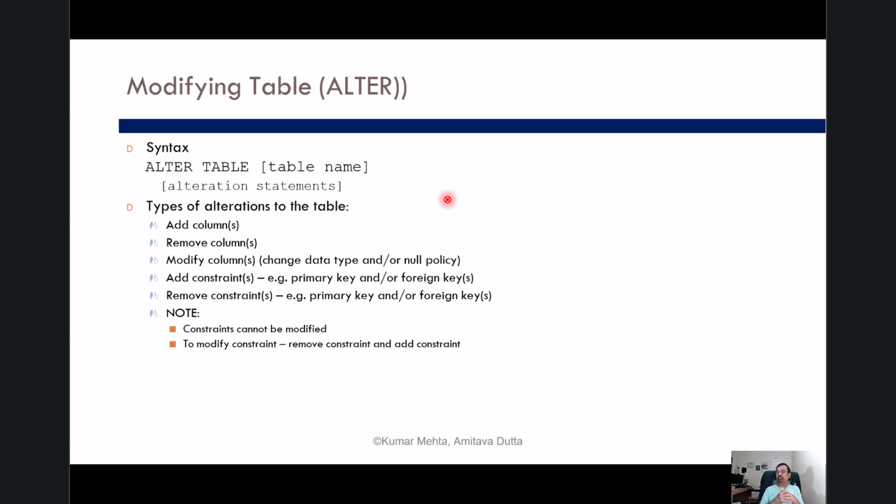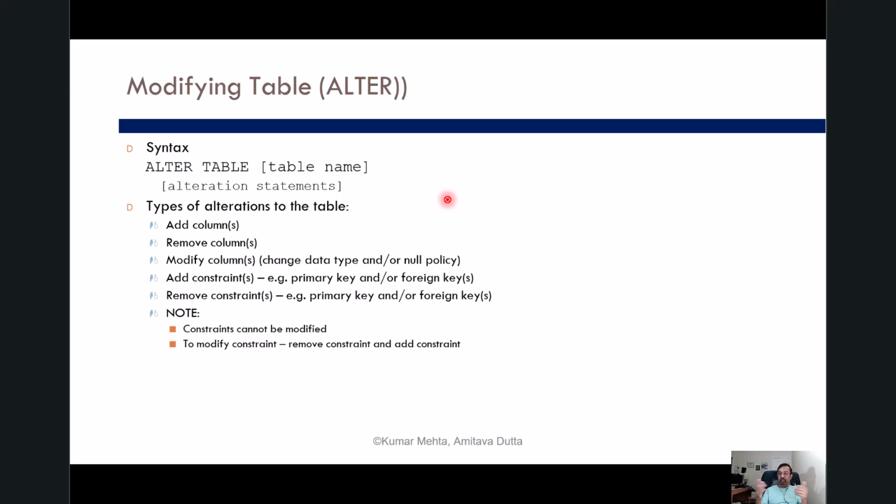Another alteration that had to be made not too long ago is when we went from 5-digit zip codes to 9-digit zip codes. That's an example of an alteration where you change the data type. The column still exists, a zip code, but it went from 5 characters to 9 characters.